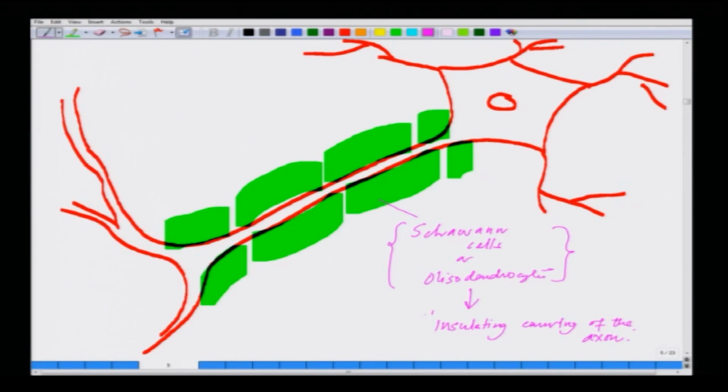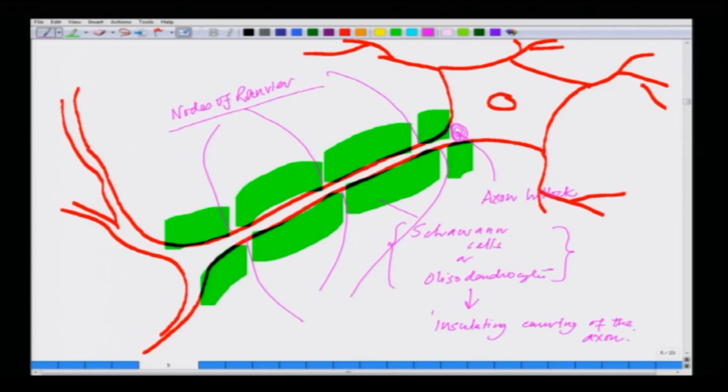Right. So, now this zone where I am circling is called the axon hillock, and these small gaps, what you see out here, what I am labeling now, are called nodes of Ranvier, and at the nodes of Ranvier you have a large population of sodium channels. They are concentrated out here like this.